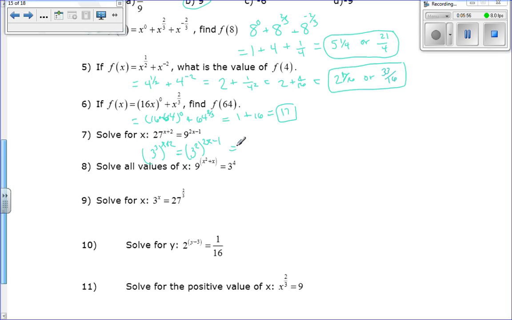Now, I have to distribute, so I get 3x plus 6 equals, distribute here, 2x minus 2.